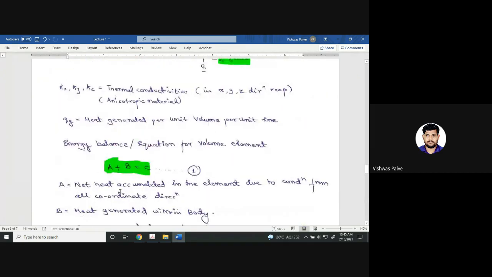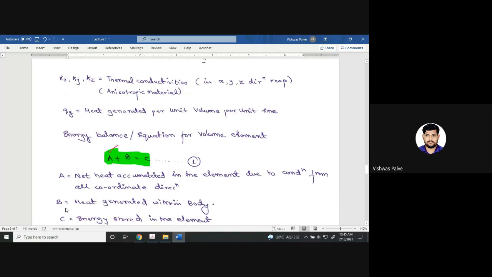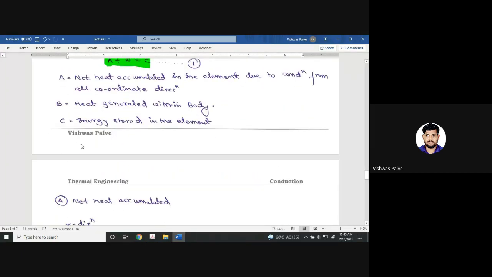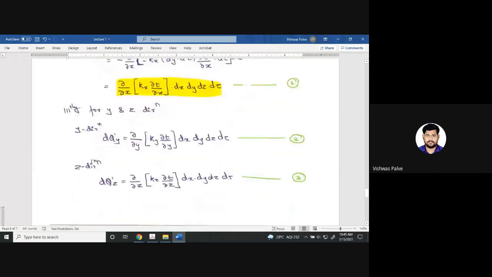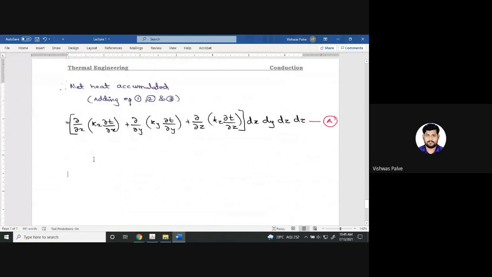Now let us see about the B. What is B? B is the heat generated within the body. So let us write down the expression for heat generated within the body. So the B part, that is heat generated within the body.